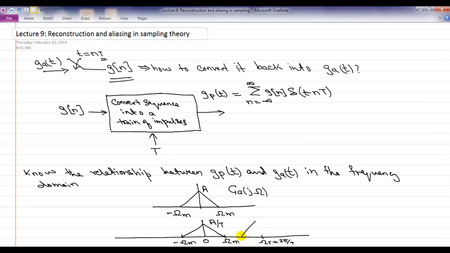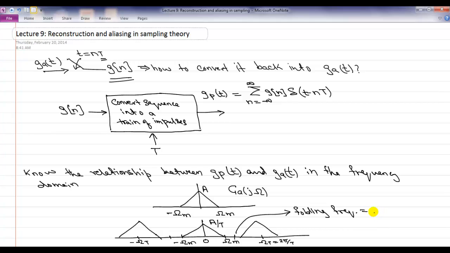It goes here. Another copy is at minus omega_T, and goes here. The reason they don't overlap is because of the Nyquist criterion. So somewhere here in the middle of the two copies, we have the boundary where things start folding up. What is that boundary frequency, called the folding frequency?